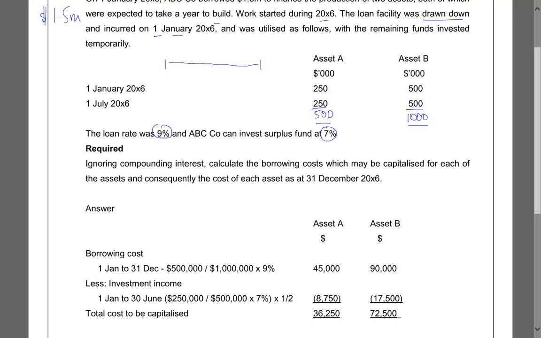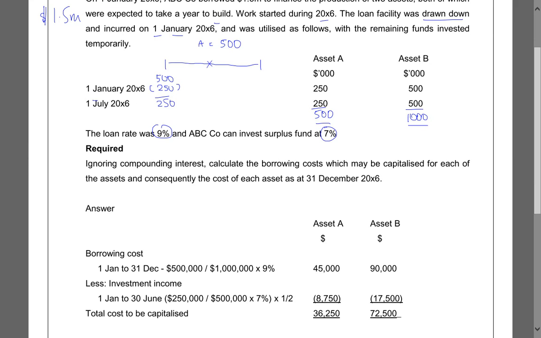So the loan on this asset A is 500,000, on which I pay 9% interest. When I have 500, I withdraw 250 first on the 1st of January. I'm left with 250. What can I do with this 250? I can use it to invest and earn 7%.